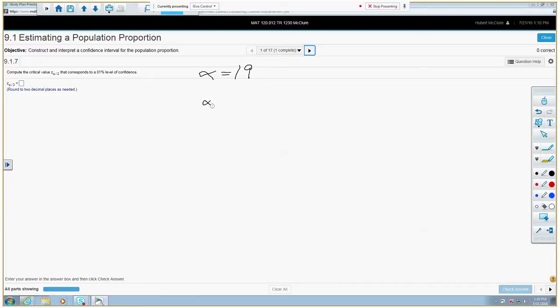Therefore, alpha over 2 is equal to 9.5. Now, that's 9.5%, so you have to change that to an area because you're looking up area. Alpha over 2 is equal to 0.0950.